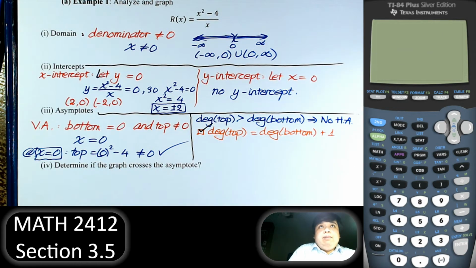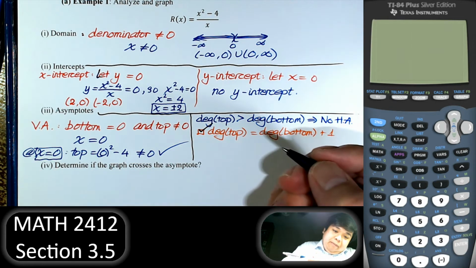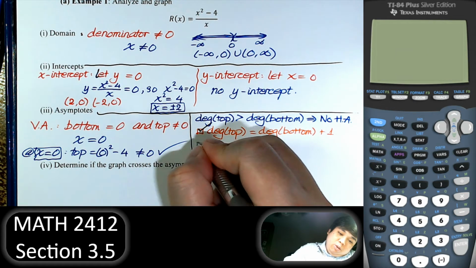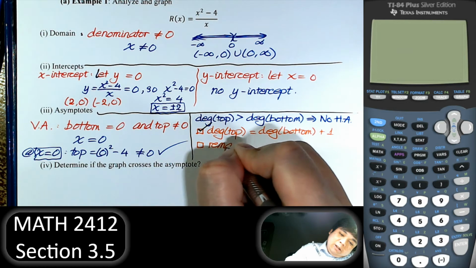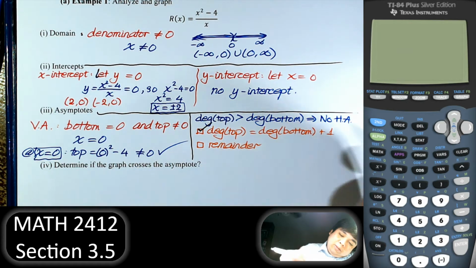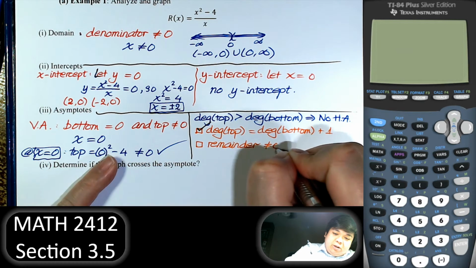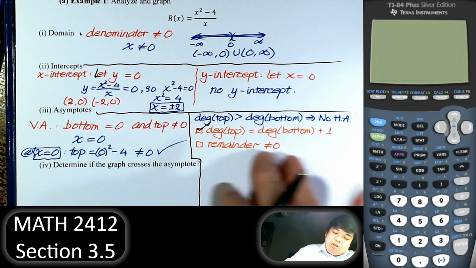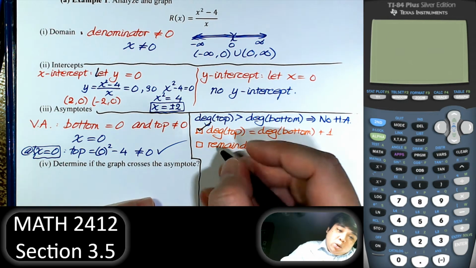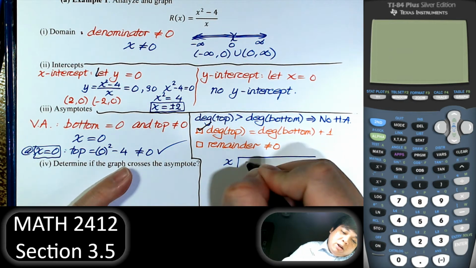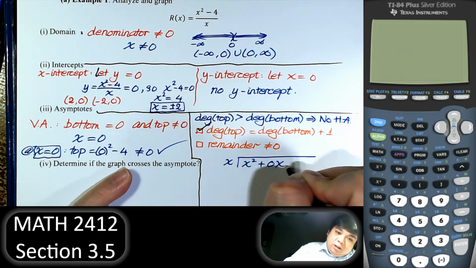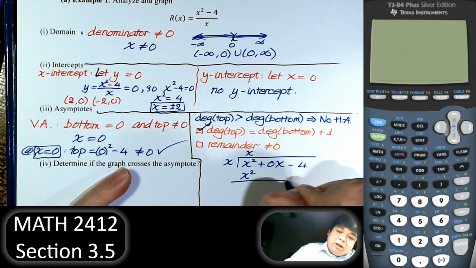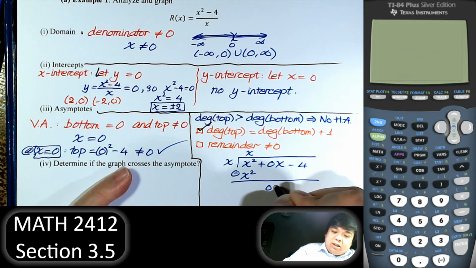And then we divide. Division is relatively easy, but it's the remainder that matters: it should not equal 0. Let's just divide. x goes into x squared minus 4: x goes into x squared x times, multiply back, x squared, subtract, and we have 0x minus 4.